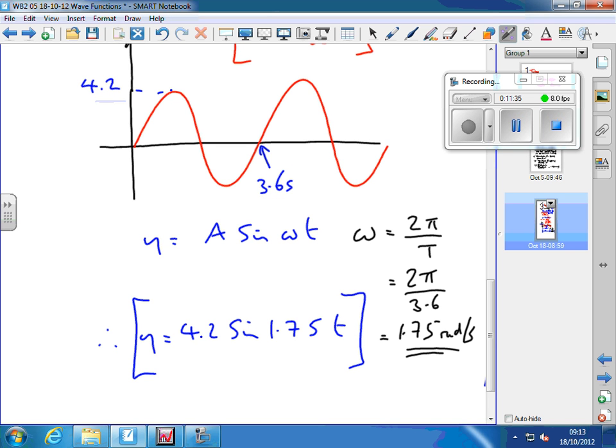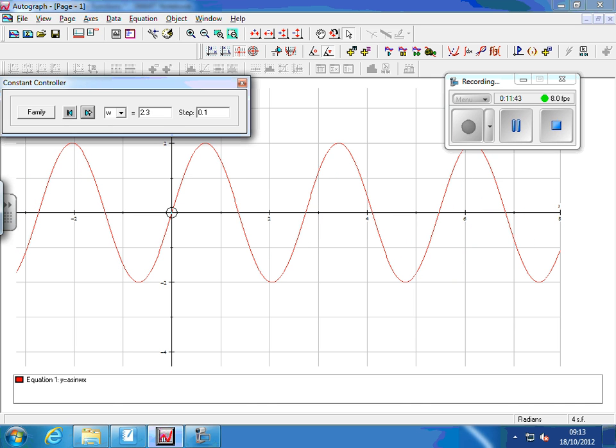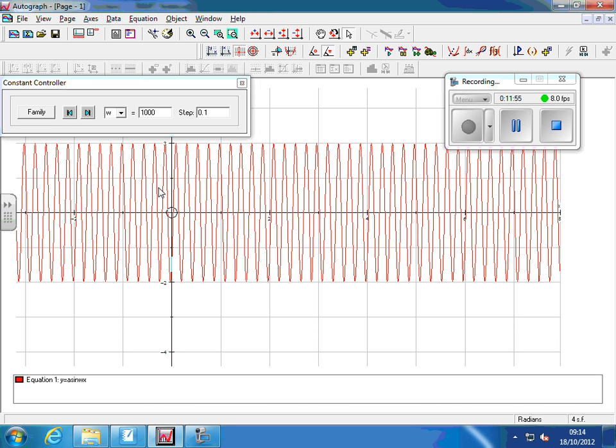If we go back to Autograph, you might find, as I saw over there actually, that if I increase omega to quite a large value, let's put 1,000, say, then I start to see the wave really spread out.